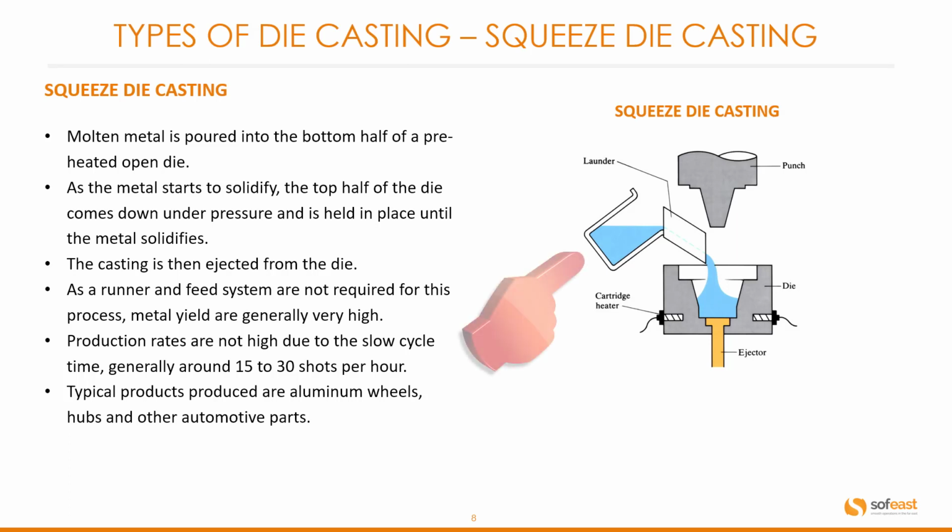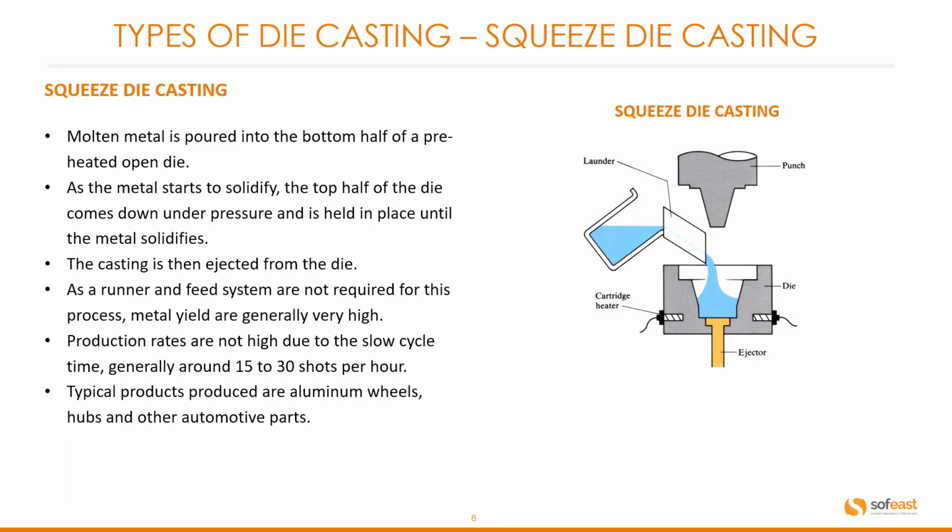Squeeze die casting. Molten metal is poured into the bottom half of a preheated open die. As the metal starts to solidify, the top half of the die comes down under pressure and is held in place until the metal solidifies. The casting is then ejected from the die. As a runner and feed system are not required for this process, metal yield is generally very high.